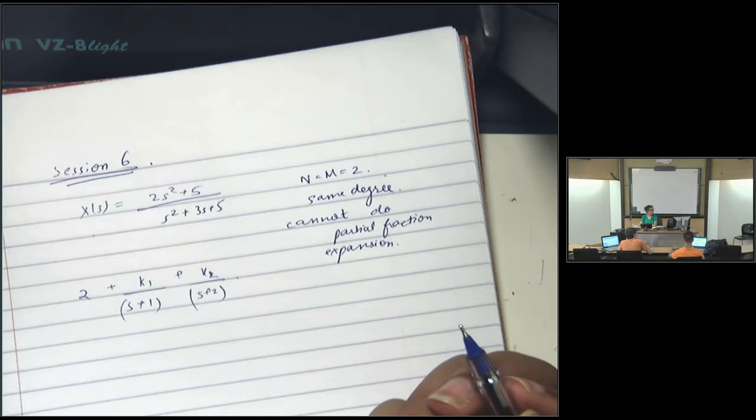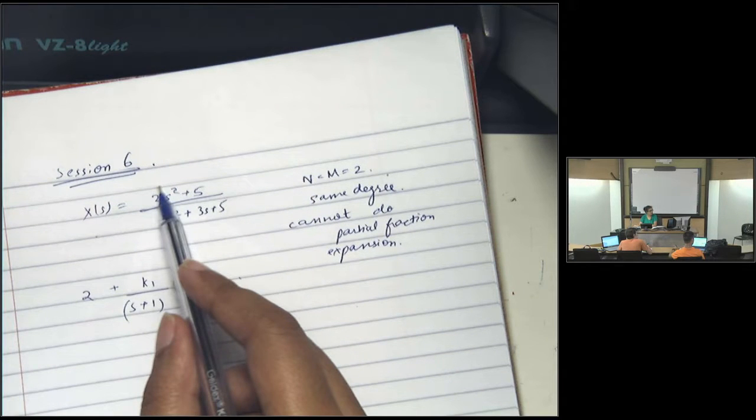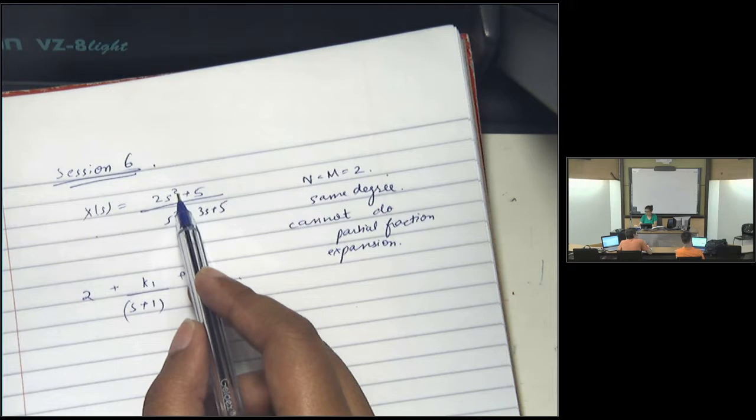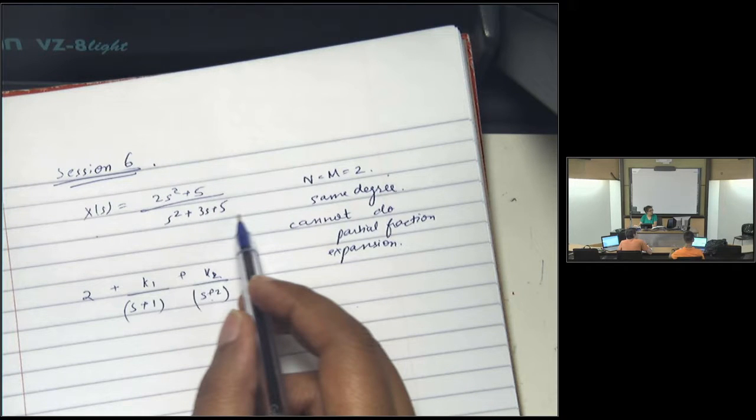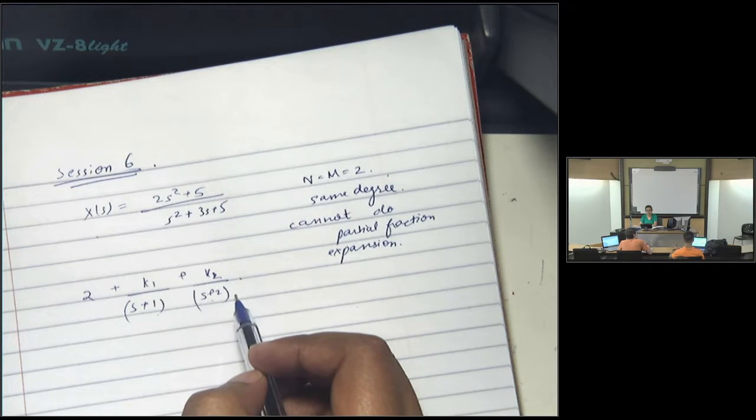This is a standard technique. Your constant term will be the coefficient of your highest degree, that is 2 over here, and then you'll have the partial fraction expansion of the factorized denominator. The denominator factorizes to s plus 1 into s plus 2. And then we can proceed forward.